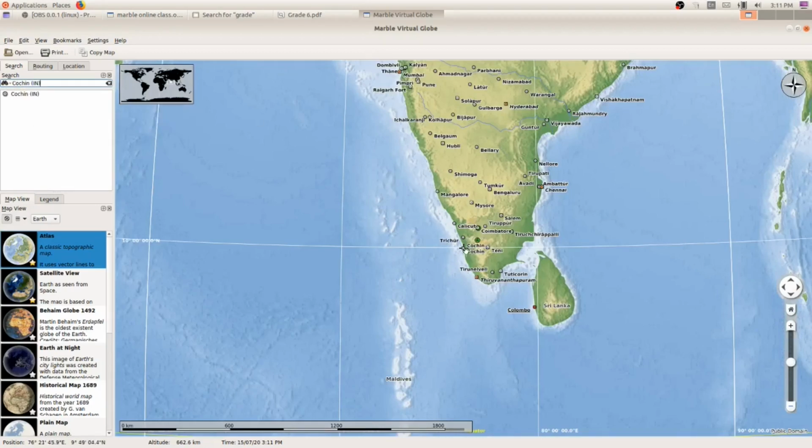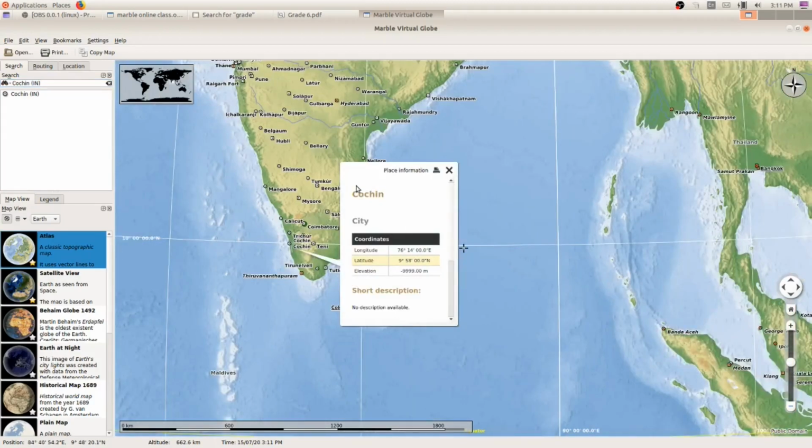Now you can see here a point, a cross mark. You click on that point. Then a window will be opened in white color. Here you can see longitude. It is written here some readings. You don't worry about those readings. You just note down. Latitude also given.